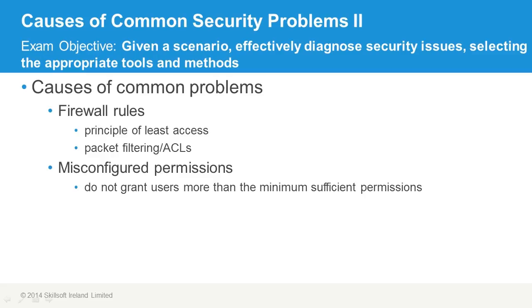But there may be other users who do have somewhat elevated permissions, and maybe they can make changes. So, again, it's always a matter of knowing who can do what. And as far as misconfigured permissions go, you just want to make sure that you don't grant users more than the minimum sufficient permission so that they can do what they need to do, but nothing beyond that.